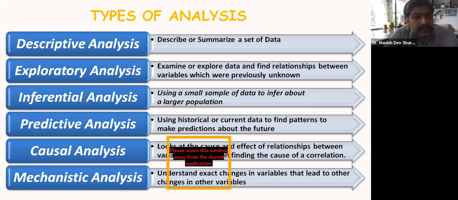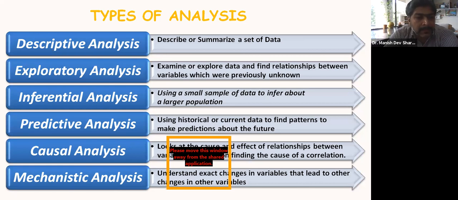The exploratory is basically examining or further exploring the data, until we find relationships between the variables which were previously unknown. Inferential analysis uses a small sample of data to infer about a large population. Predictive analysis uses historical or current data to find patterns to make predictions about the future. Causal analysis looks at the cause and effect relationship between variables and finding the cause of correlation.